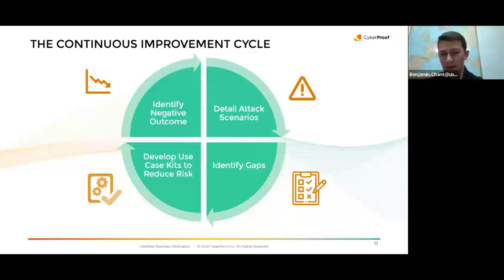And then the third area is using this information to identify where those gaps are and validate the remediations that you're putting in place, and then creating what we've referred to as use case kits, which are designed to reduce those risks. They operationalize detection and response capabilities, to continuously stay ahead of the changing threat landscape. Bruce, do you want to go into this in a bit more detail?